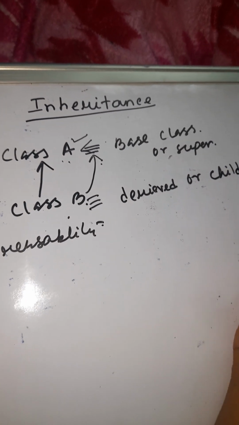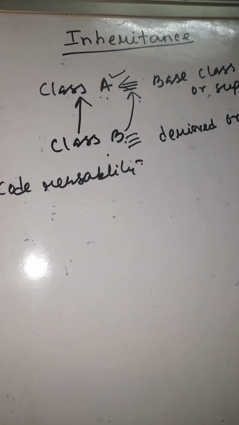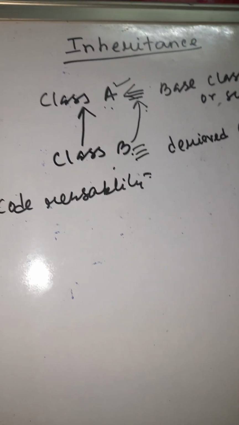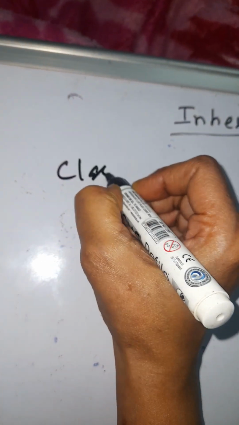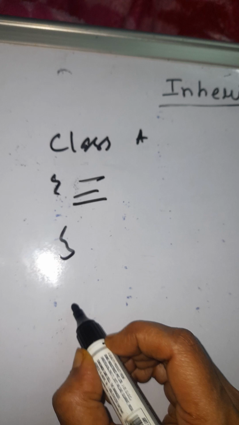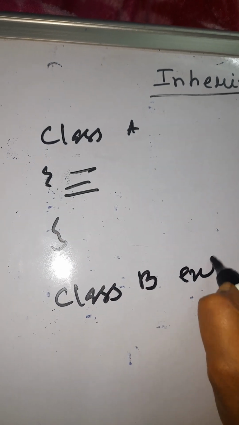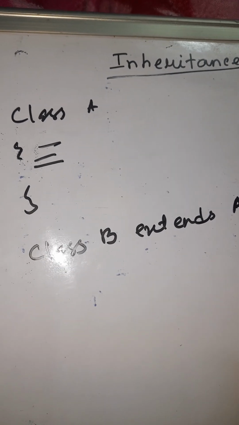Okay, so now how do you create your base class and how do you create your derived class? First you have to write your class A. So this is class A, where you have written some code. Next, class B, which extends class A. Clear?